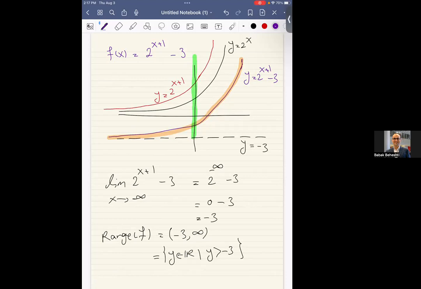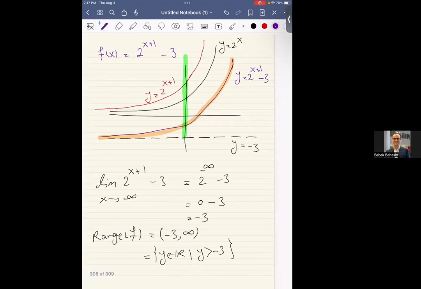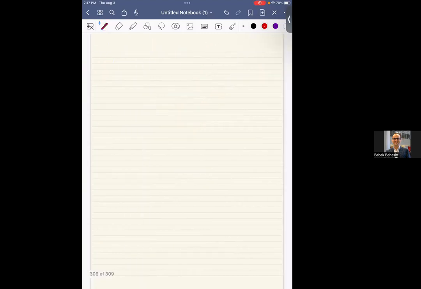What do you get when you multiply it by negative 1? Based on this, can you draw the graph of y equal to negative 2 to the power x plus 1 minus 3, which is basically y equal to minus 2 to the power x plus 1 plus 3.